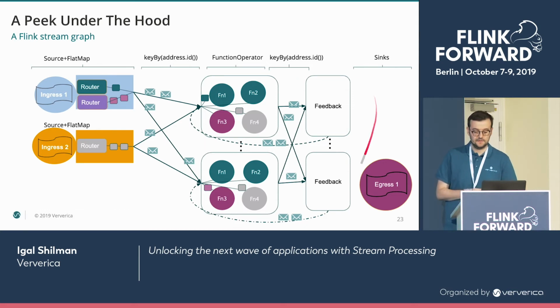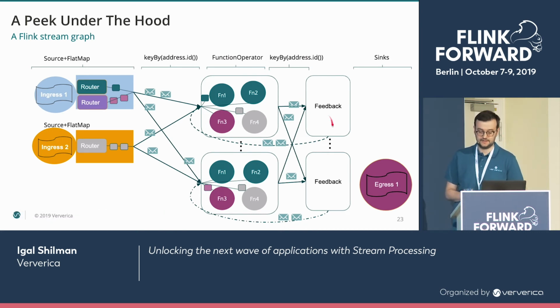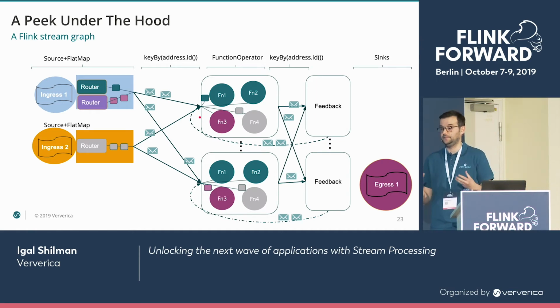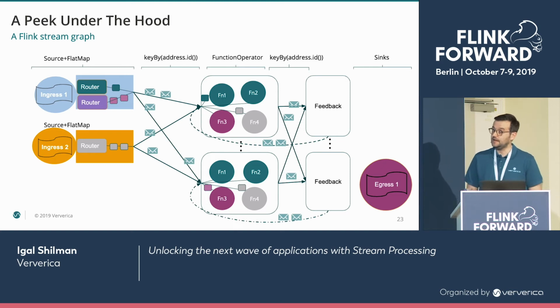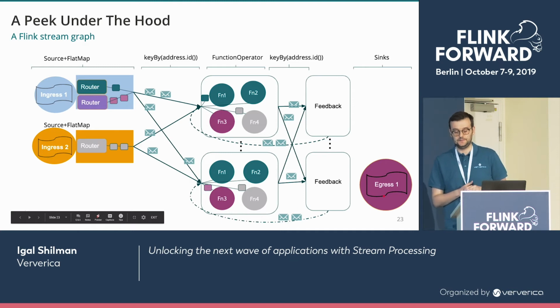And this entire thing, the messages that are flying here on the wire, they are all checkpointed as part of the normal checkpoints. Of course, there are also the sinks that correspond to the egresses.